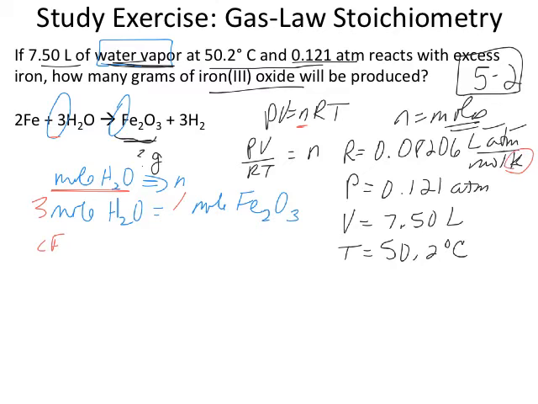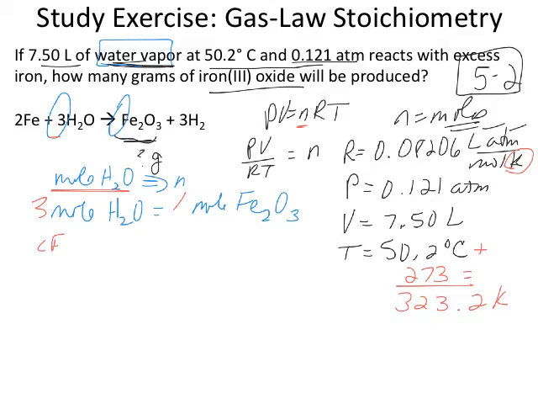No. We need to turn that into Kelvin. So we're going to add 273 onto the 50.2, and our temperature will be 323.2 Kelvin. You don't have to take it out to 0.15. You won't have to do that for an exam, okay? So just remember 273.